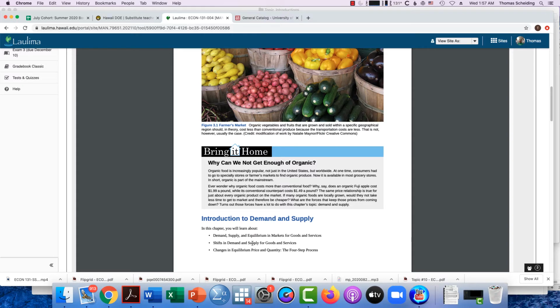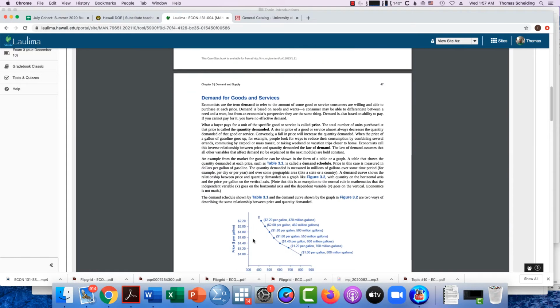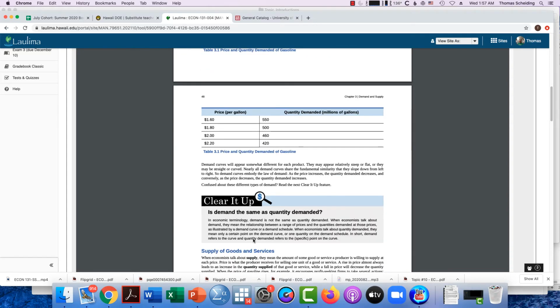Then we need to talk about how things change, how you can move along the curve and shift the curve, how you can move along the supply curve and you can shift the supply curve, and that it then causes changes in the price and the quantity. It allows you to make predictions. And so that's what this topic then outlines, right?